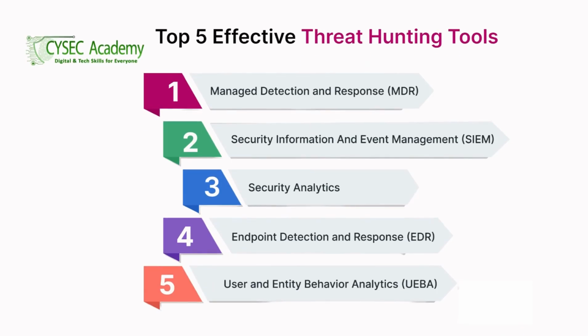Tooling and techniques. Threat hunters leverage a diverse array of specialized tools and techniques for data analysis. This includes advanced SIEM queries, endpoint detection and response (EDR), managed detection and response (MDR), user and entity behavior analytics (UEBA), security analytics, data analysis frameworks like the ELK stack, and even open source intelligence (OSINT) tools.